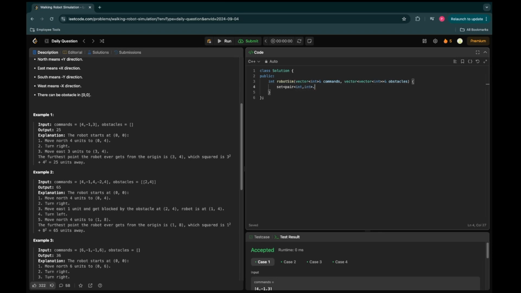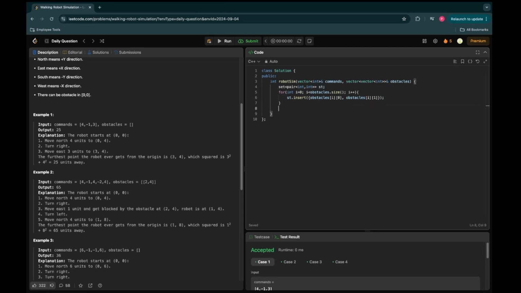Pair of int comma int, and we can name it as st, and then we can iterate the complete obstacles array and simply store it. As it is given as a vector of vector and we have created a set of pair, we have to insert each index one by one. Obstacles of i of 1.